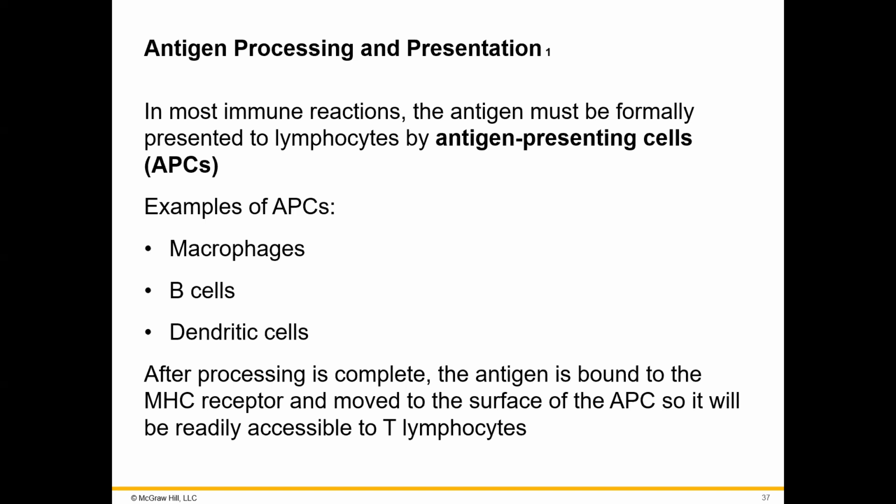Dendritic cells are the most potent and versatile of the 3. What they do is these APCs grab the microbe and ingest it, degrade the microbe, and pass its antigens back out into their membranes, complexed with either MHC1 or MHC2 markers that are already there. Now it's accessible to T lymphocytes for presentation.